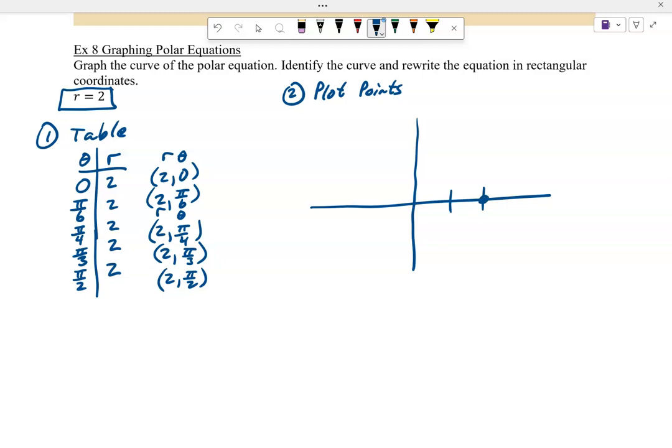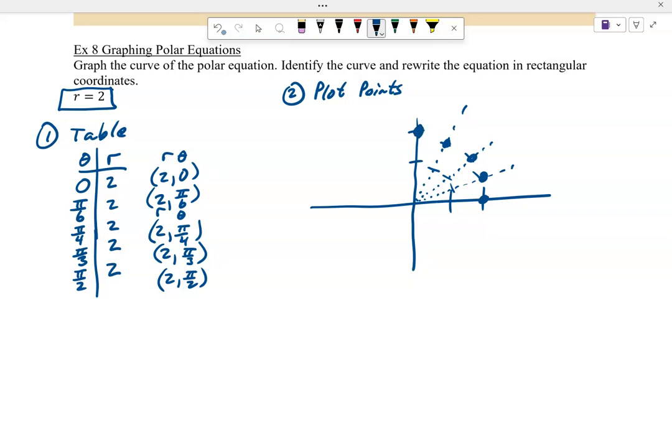Now I rotate pi/6, but I go out 2. Now I rotate pi/4, I go out 2. Now I rotate pi/3, I go out 2. Now I rotate pi/2, which is on the y-axis, and I go out 2.